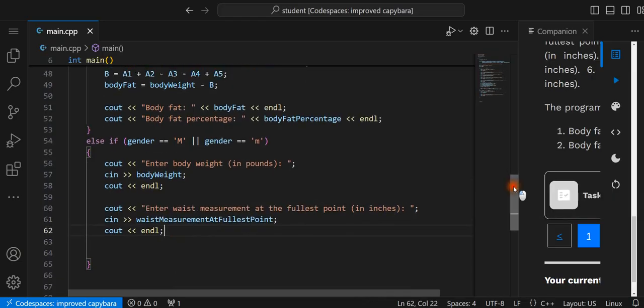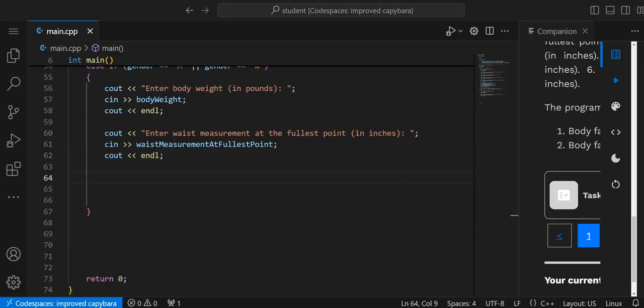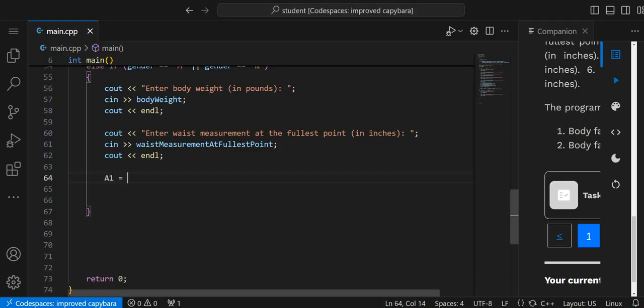Scroll up, we'll do our A1s, A2s, A3s. It's a lot shorter though. A1 equals body weight times 1.082 plus 94.42.